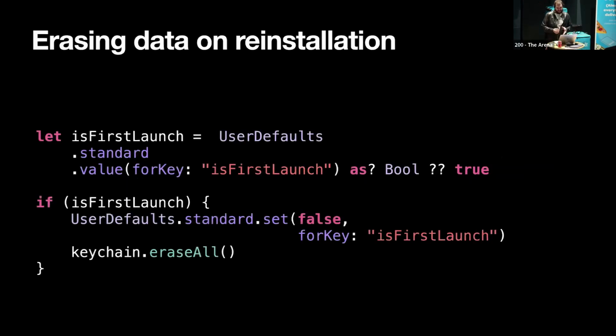Usually this code is used where you add some flagging to user defaults, like, is it first launch? And if it is a first launch, if you cannot retrieve this value, then you erase the keychain from the reinstallation. And then you continue launch and set that key again.